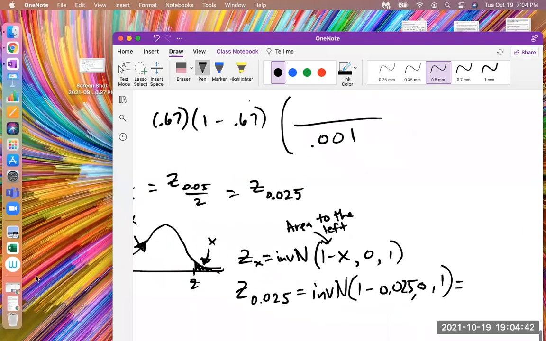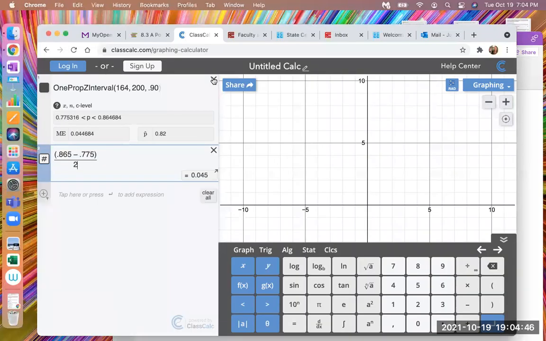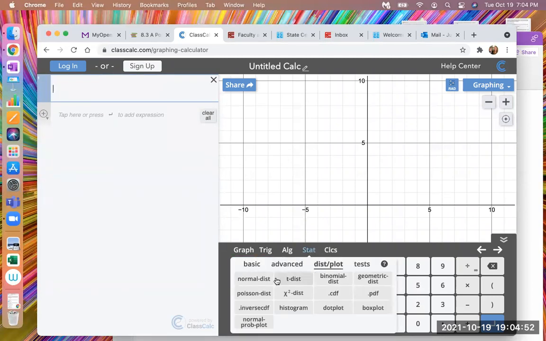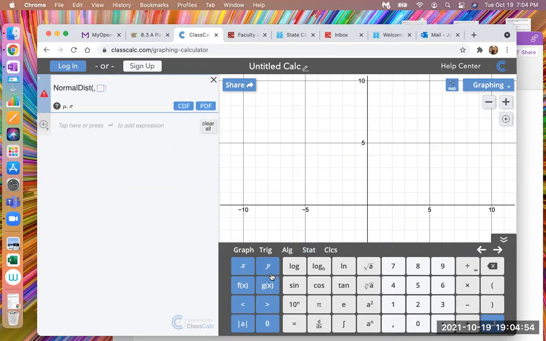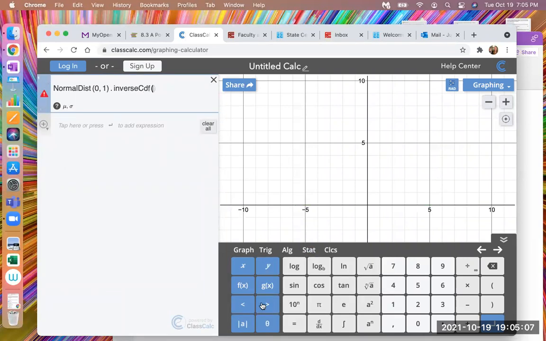Let me show you how that would be done. It is stats, distribution, normal distribution, inverse function. I put 0 as my mean and 1 as my standard deviation, and then I input 1 minus 0.025.